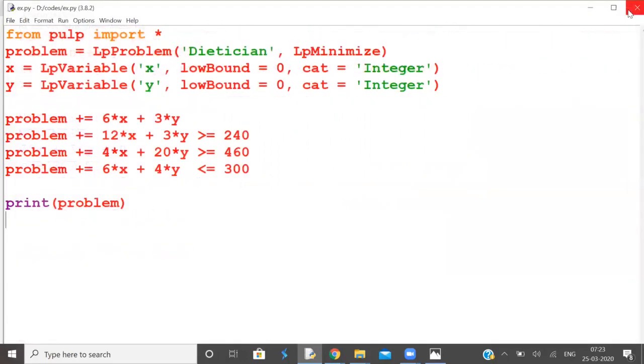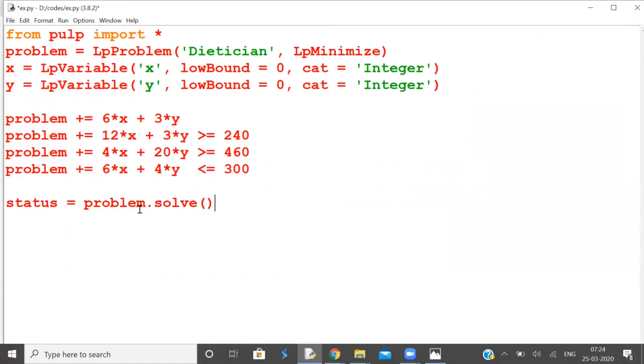So fine. Then solve the problem. The solution is stored in a variable by name status. What is the solution of the problem? For the linear programming problem, the method is solve.